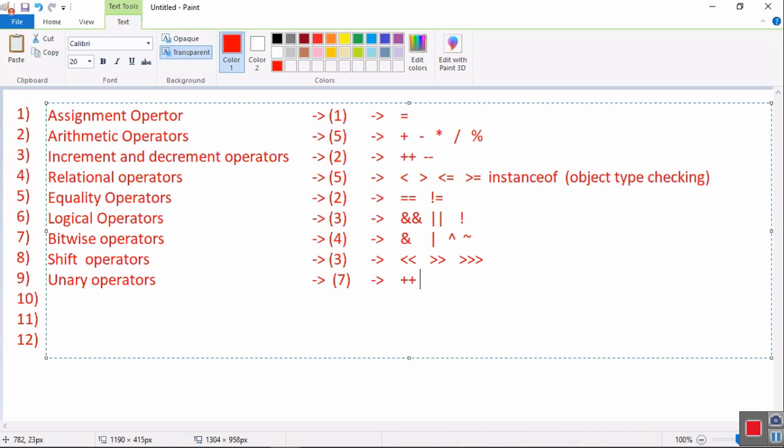Plus plus, minus minus, plus, minus, negation, not, and the last one is new. But I'm giving the count here as 1 plus 6. Why? Because the remaining operators we have already used above, so I don't want to give the number again.